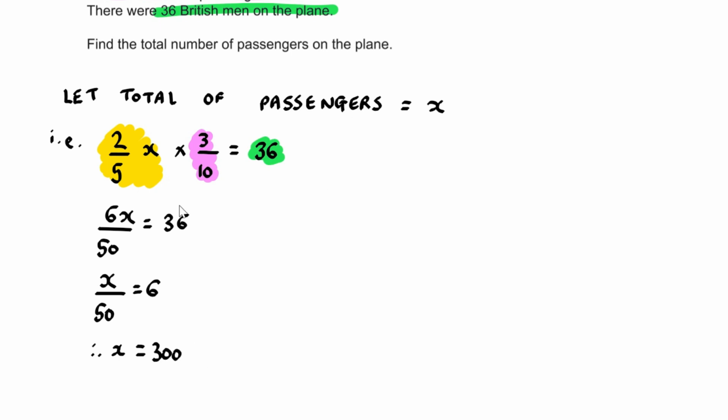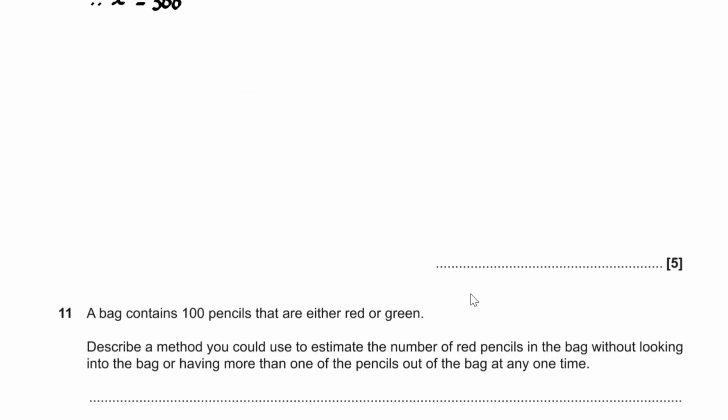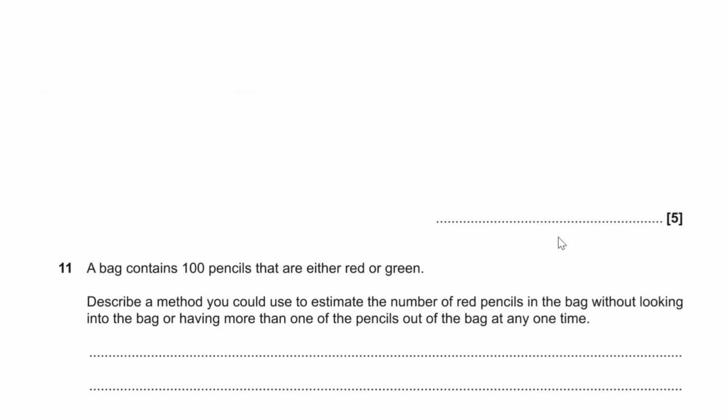So just to confirm what I did over here, I divided both sides by 6. So this will cancel with this, and then 36 divided by 6 is 6. So therefore, the total number of passengers we have on the plane will be 300.